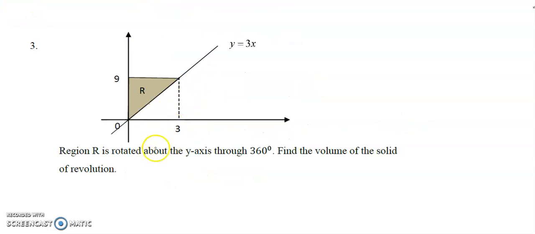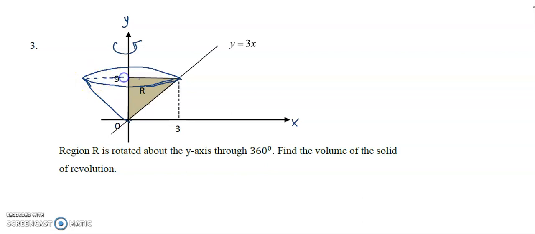This is another example. Region R is rotated about the y-axis through 360 degrees. Find the volume of the solid of revolution. So we're going to integrate with respect to y because of the volume formed. If this region R rotates about the y-axis for 360 degrees, we can roughly sketch the solid that we can form.